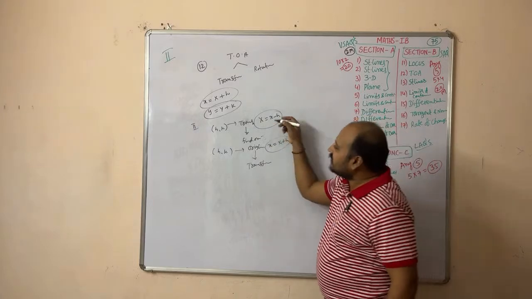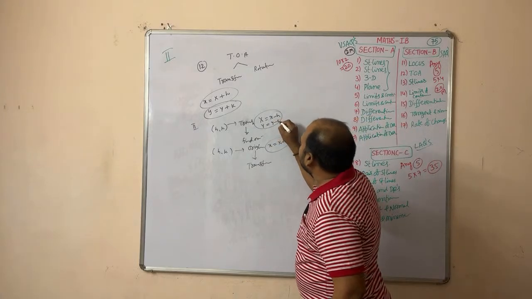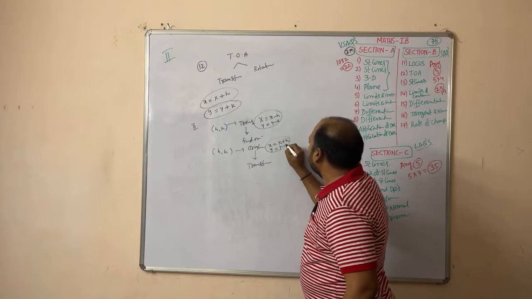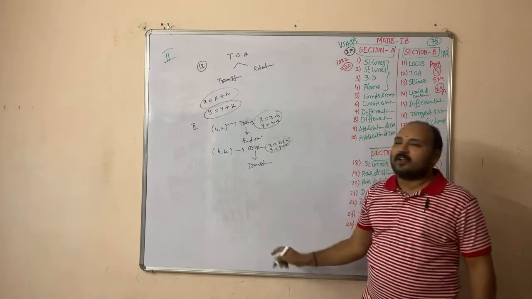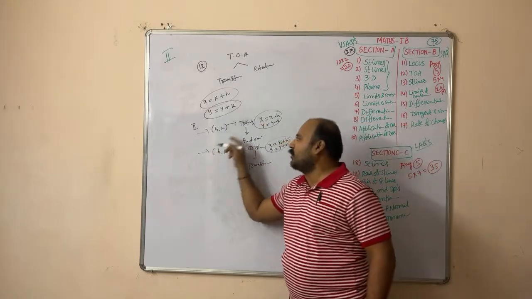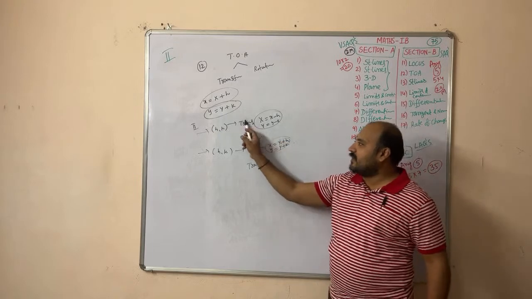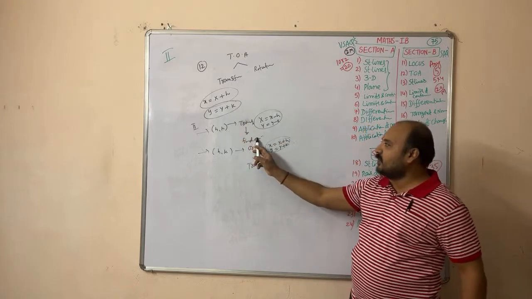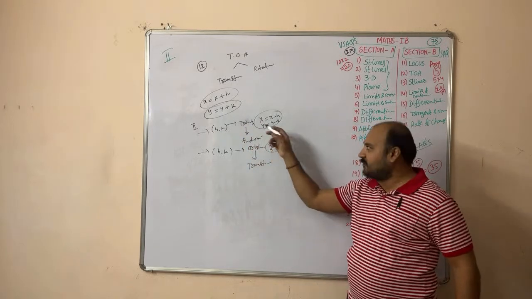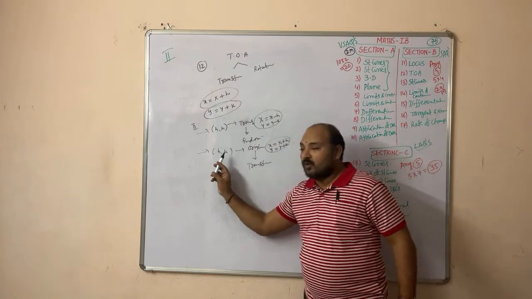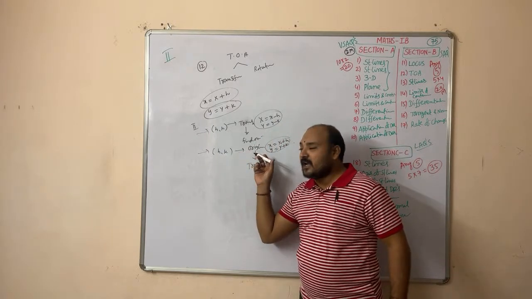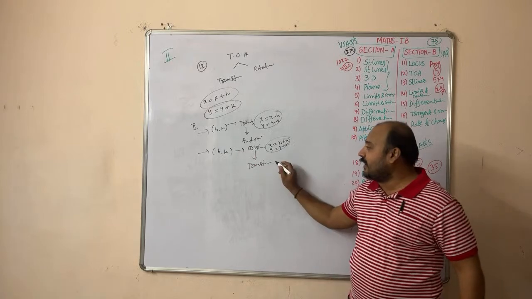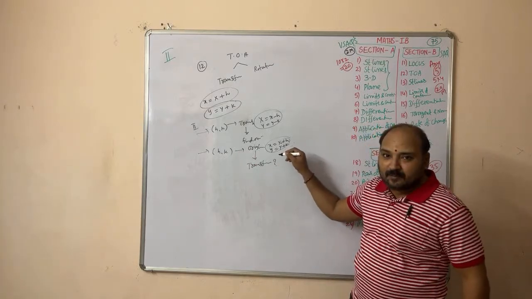And not only capital X, capital Y is equal to small y minus k, small y is equal to capital Y plus k. You can apply these to the respective problems and the respective answers will come. Transformed is given to get the original equation. These are the applications, these are the formulas. Shifted origin is given, original equation is given, they are asking to find the transformed, you can apply these formulas.